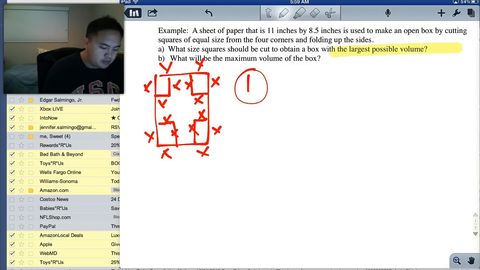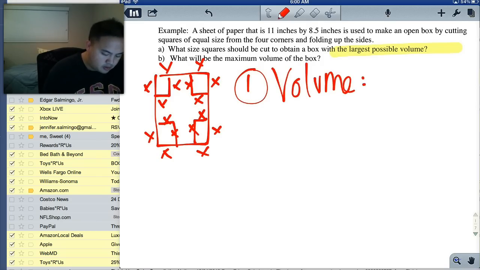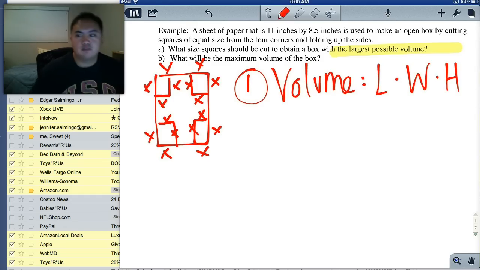So what you're going to do next is write the equation for volume. Volume of a box, if you remember, is length times width times height. That's the volume of a box. Now, you notice I have 3 different variables.